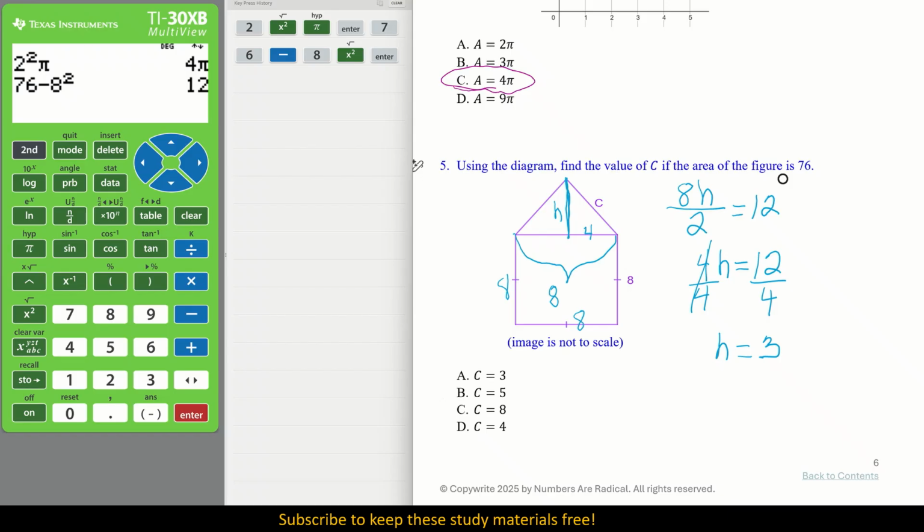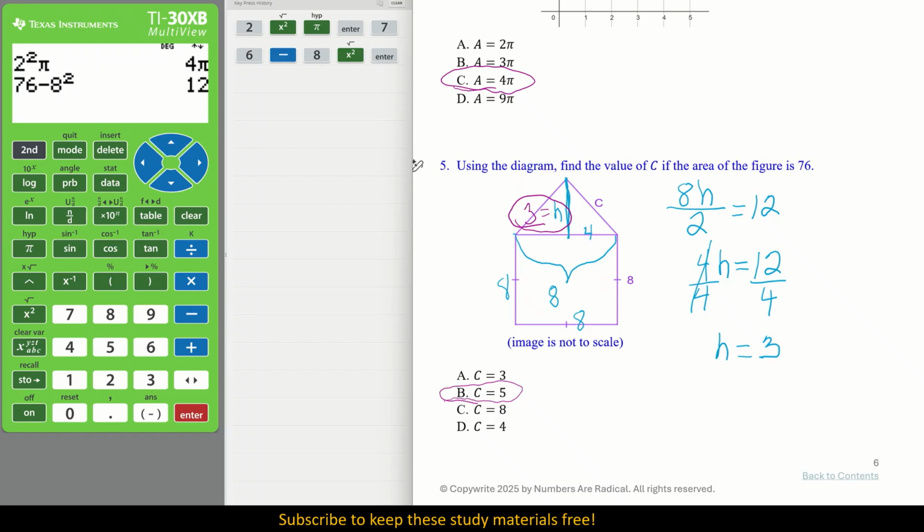Wait just a second. Interesting. My height equals 3. That is a 3, 4, 5 triangle. I can already see that option B is correct. But let me go ahead and pop that in the calculator for you so you can see it.